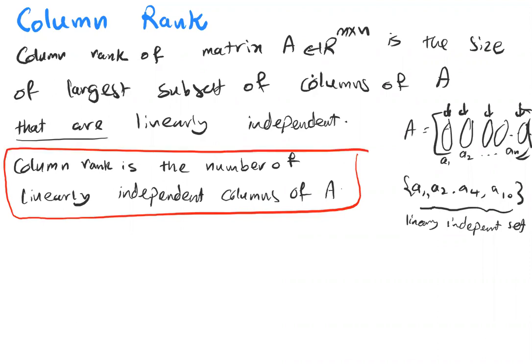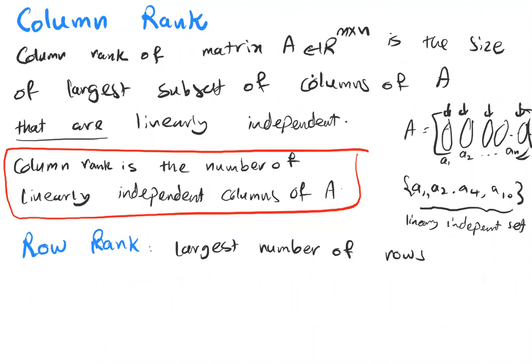Similar to this, we have row rank. Row rank is defined as the largest number of rows of matrix A that constitute a linearly independent set.